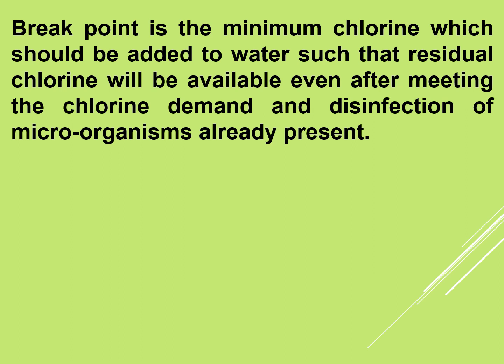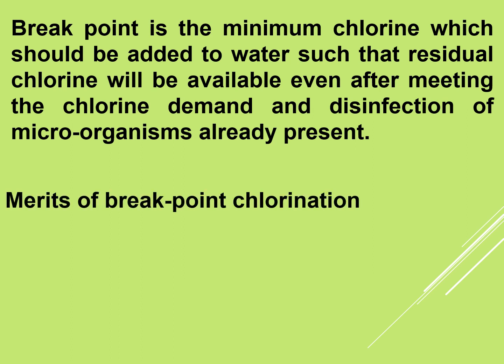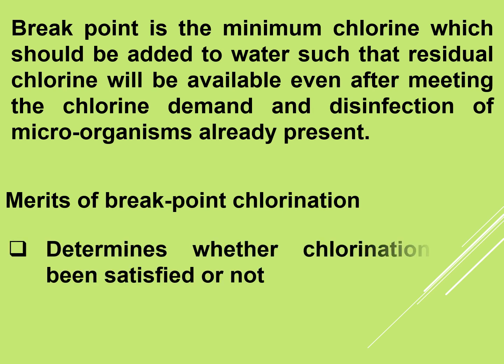Now, what are the merits of breakpoint? Suppose I calculate that the breakpoint of chlorination is 8 milligram per liter. Then what does that mean? When I add 8 milligram per liter of chlorine to water, I am ensuring two things. First, I am ensuring that chlorination has been satisfied, which means all organic and inorganic compounds are oxidized and existing microorganisms are destroyed.